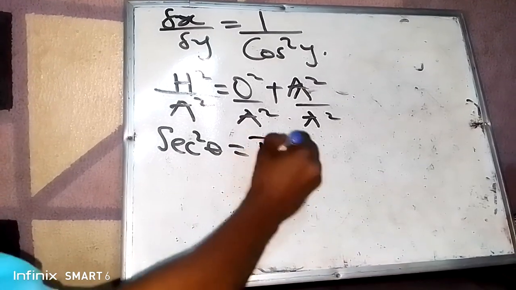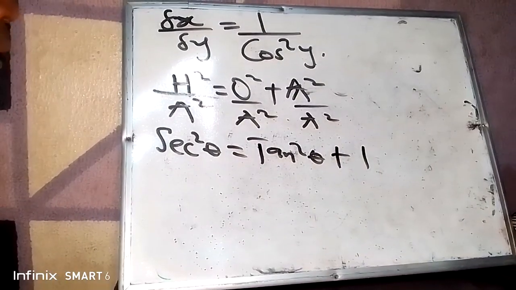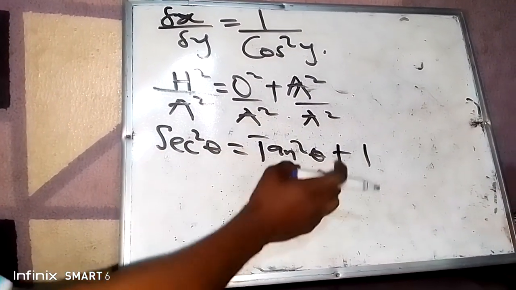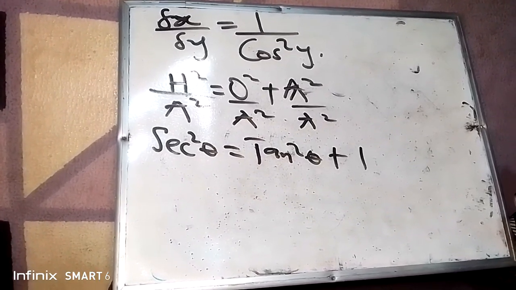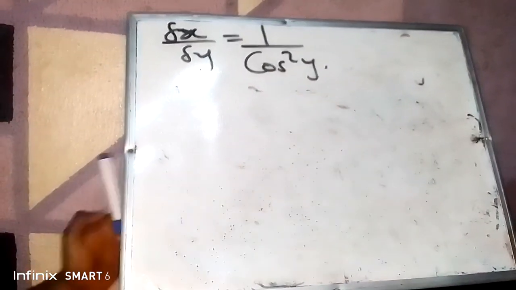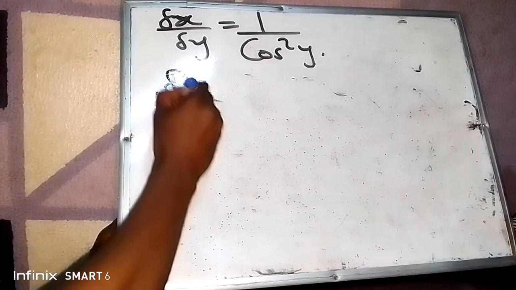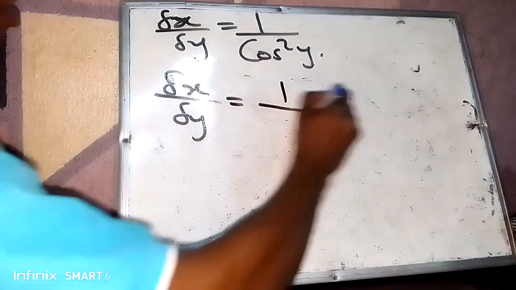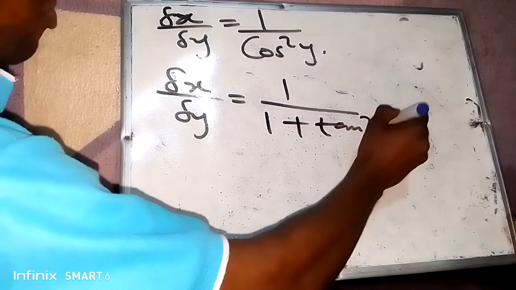That is sec squared theta equals tan squared theta plus 1. The same thing I will apply here. I'll say dx over dy equals 1 all over 1 plus tan squared y.